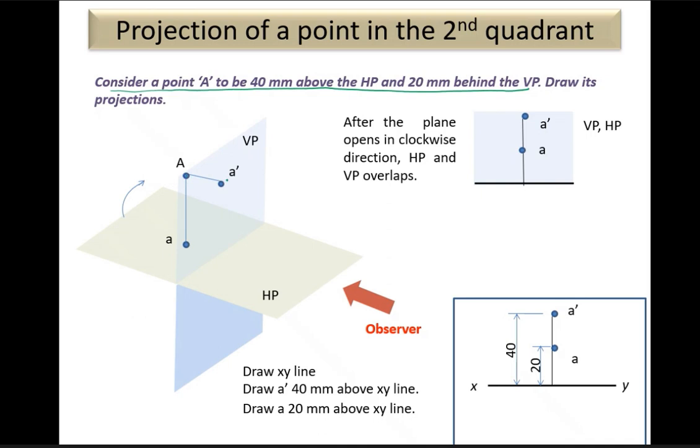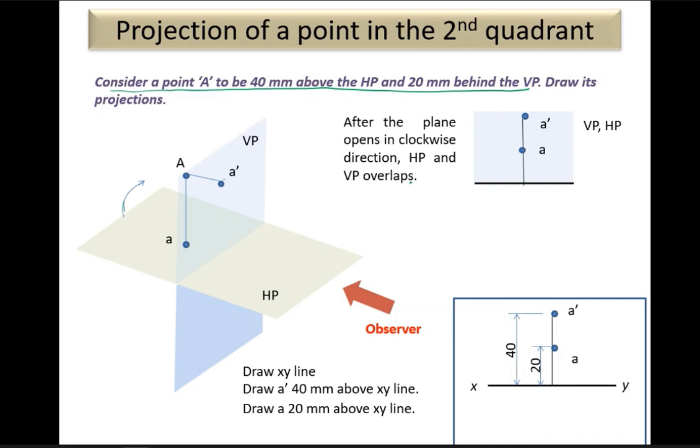So its projections on VP and HP are like this, and we are going to open it in clockwise direction. So we'll get both a dash and a in the same direction, or they are overlapping each other. Okay. After the plane opens in clockwise direction, HP and VP overlap.